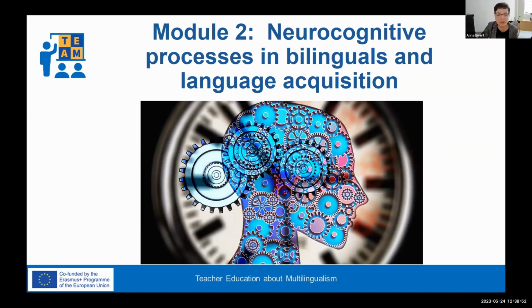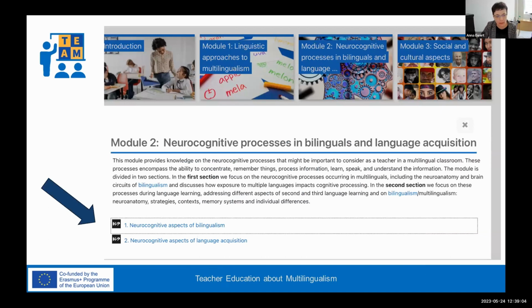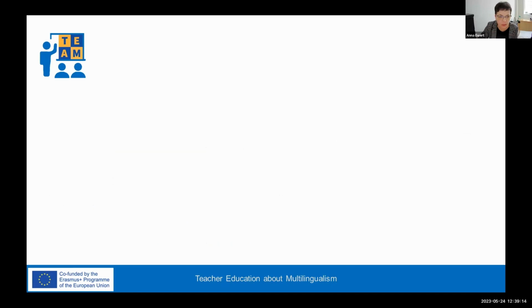Then the second module focuses on neurocognitive processes in bilinguals and in language acquisition. So there are two sections here in module 2, one focusing on neurocognitive aspects of bilingualism, the other one focusing on neurocognitive aspects of language acquisition.